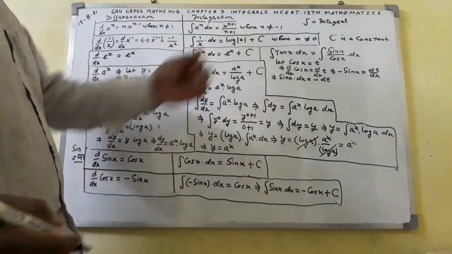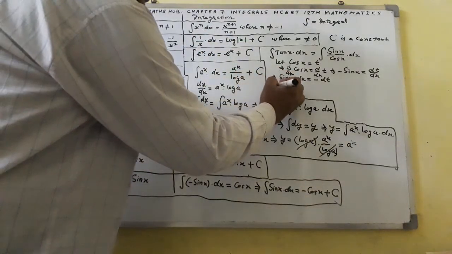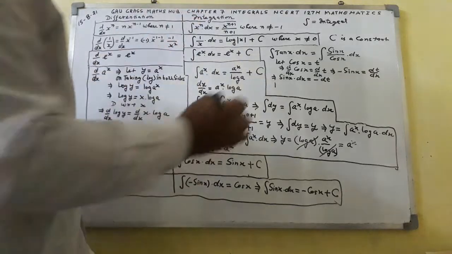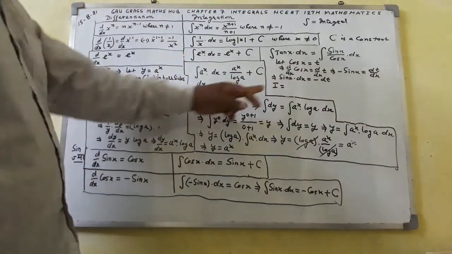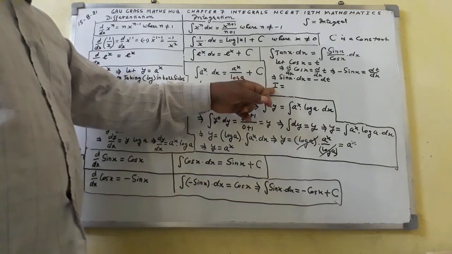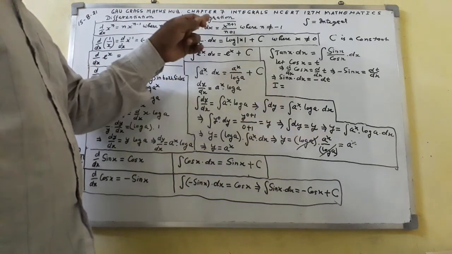Now take out the original function. Original function here, integration word is there. In place of integration I shall write I, as a notion of integral.